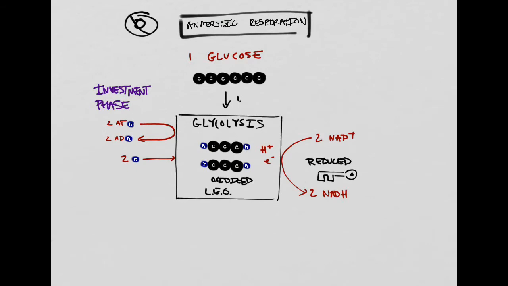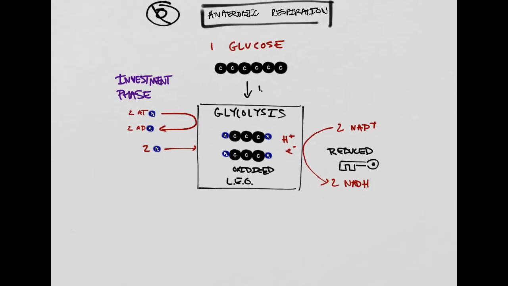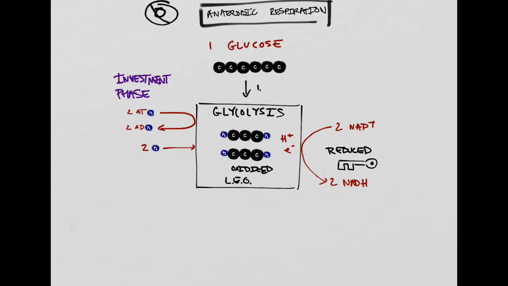And it's this process that primes these molecules to give up their phosphates to form ATP. So that essentially is the next part of this process. So we had the investment phase, and now we have the payoff phase, which actually the NAD+ and the NADH creation is part of the payoff phase.